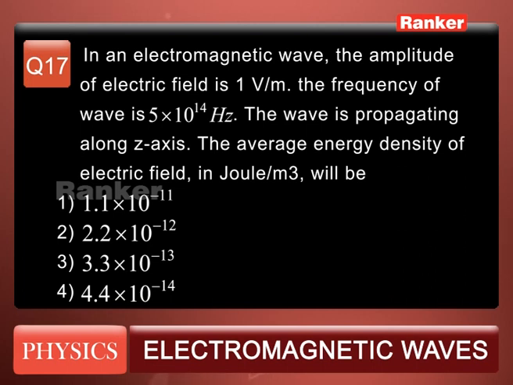The average energy density of the electric field in joule per meter cube will be: the first option, 1.1 into 10 to the power minus 11. Second option, 1.2 into 10 to the power minus 12. Third option, 3.3 into 10 to the power minus 13. And the fourth option, 4.4 into 10 to the power minus 14.